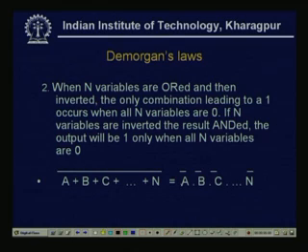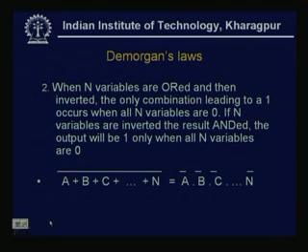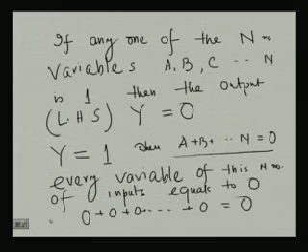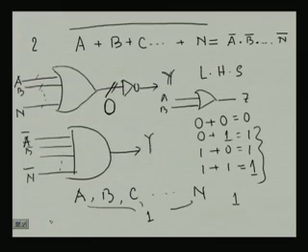the previous one, that means, see, the right hand side is an n input AND gate, and all the inputs are inverted variables.